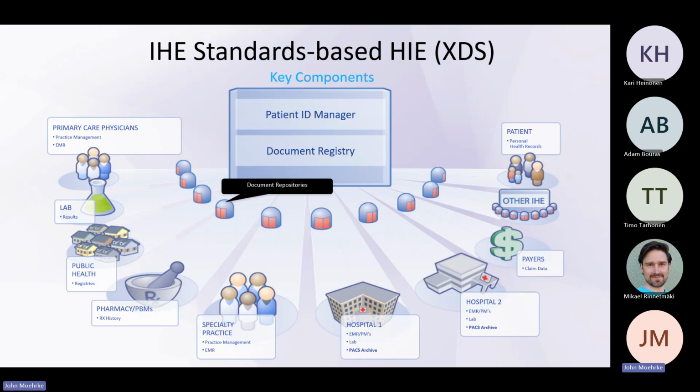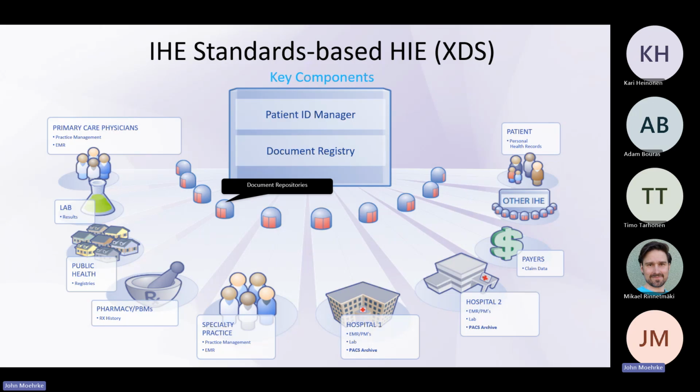Like I said, it can deal with static documents. It can deal with dynamic documents on demand. It is really content agnostic. When we first started XDS, CCR was an emerging standard, and at the time, XDS had no problem with CCR.